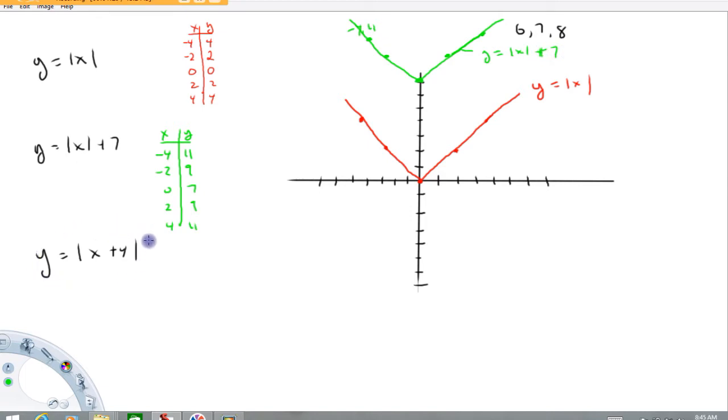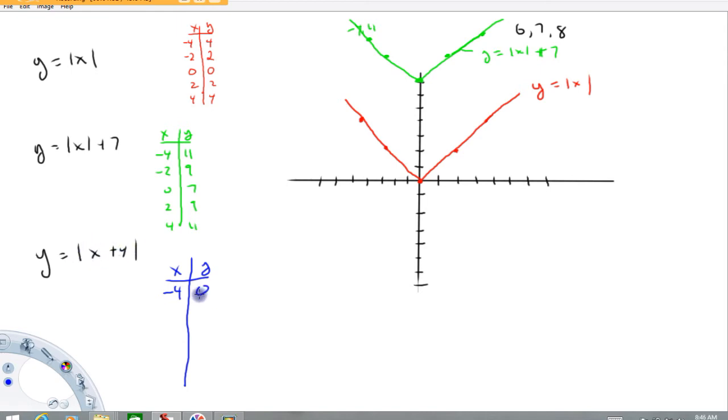All right, let's take a look at this guy. That looks blue to me, so we'll make a blue table here. x, y. I'm going to do these first couple and then maybe choose some other points. Let's start with -4. Put a -4 in. Plus 4 is 0.